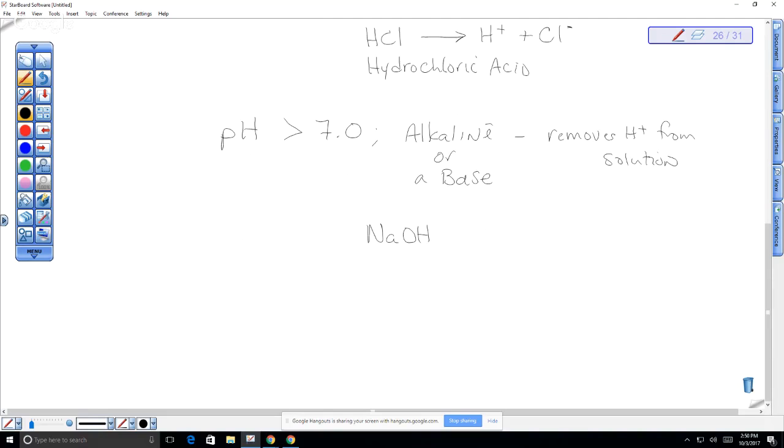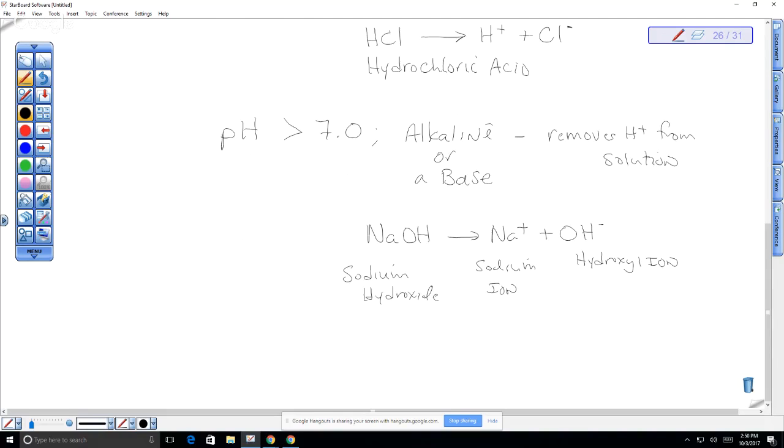Sodium hydroxide releases sodium, and it releases hydroxyl ions. This is called a hydroxyl ion, and this would be a sodium ion.